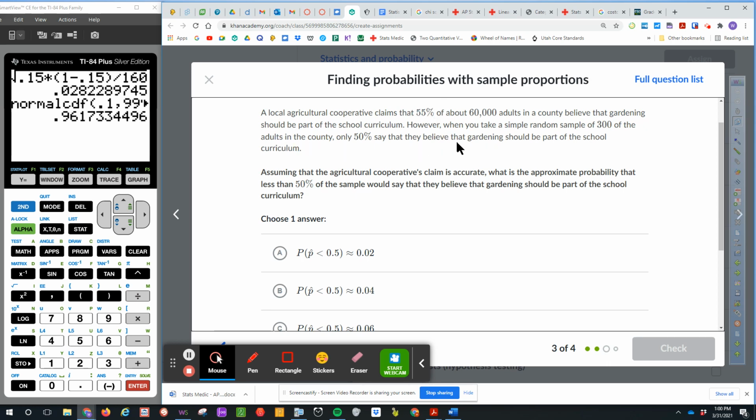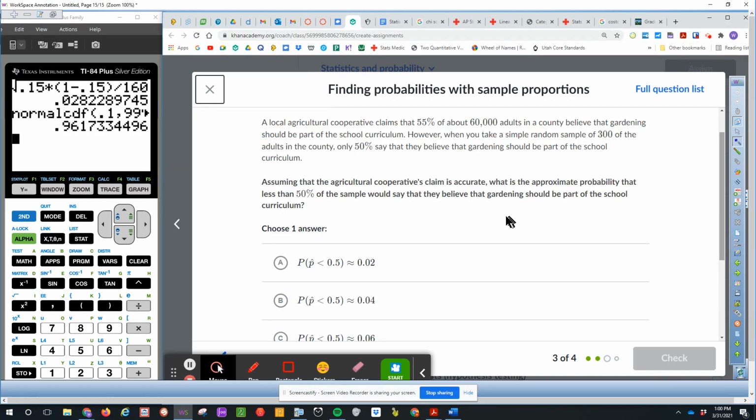So, which one is the true population proportion? That's right here, right? And they claim this. So it's 55%. Now, this 50% is a sample proportion which they got after doing a simple random sample of 300 adults.